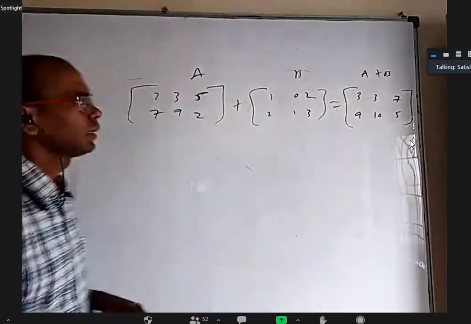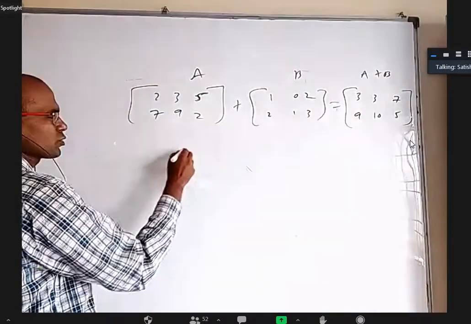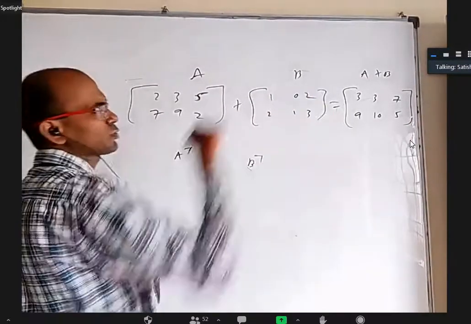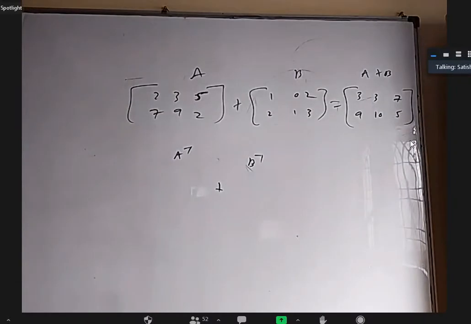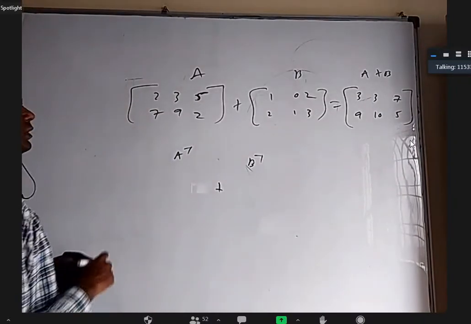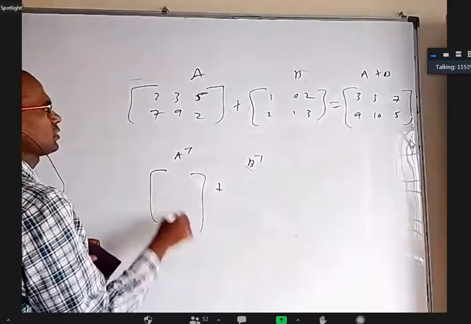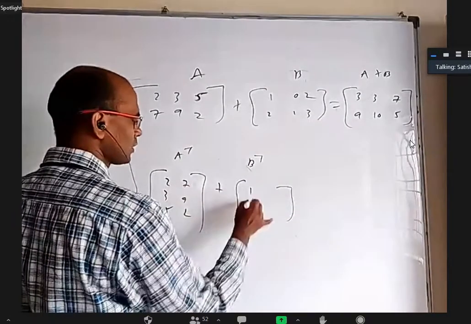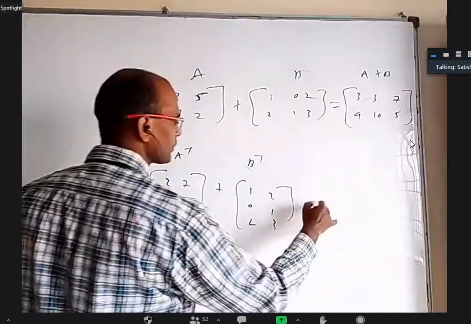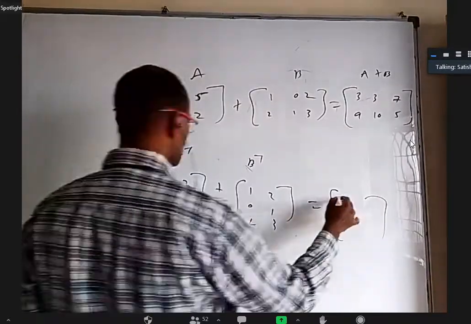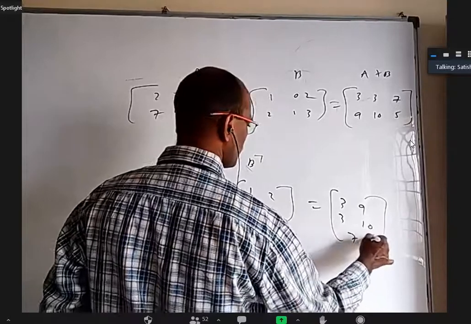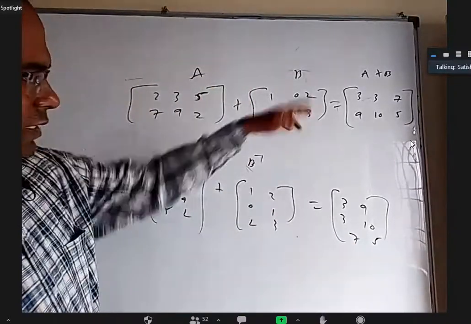If I transpose A and transpose B and add them, will I get the transpose of that? Yes, because A transpose plus B transpose will give that same transposed result.